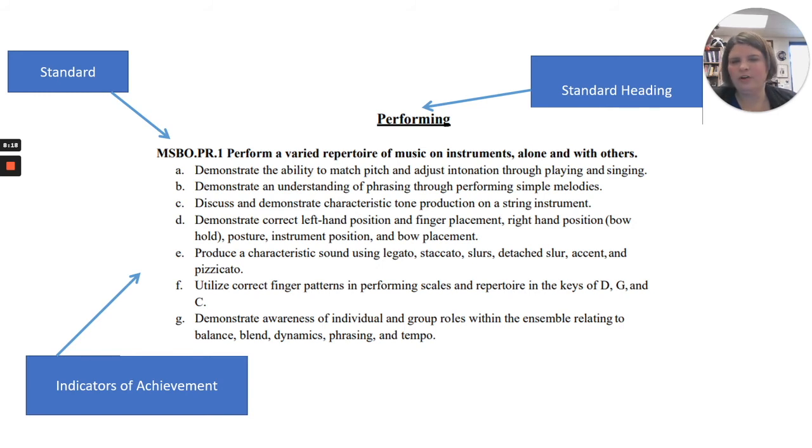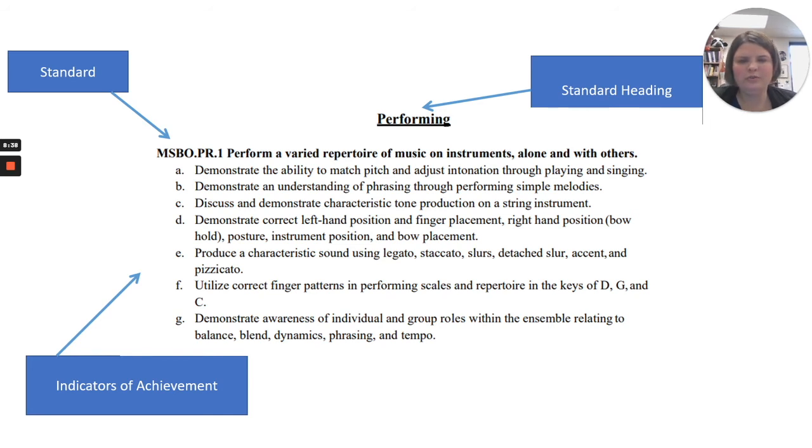And it's: perform a varied repertoire of music on instruments alone and with others. Below that, A through G, we call those the indicators of achievement. A through G is how we're going to demonstrate that we are mastering the actual standard.